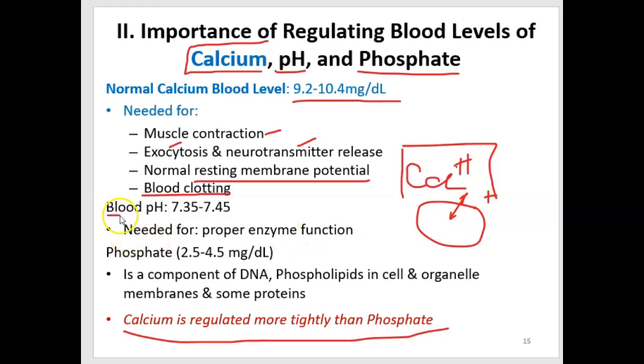Okay, so blood pH is also tightly regulated, and it's regulated at 7.35 to 7.45 pH in a very tight range, and that's needed for proper enzyme function. It's also needed for balancing the pH of other fluids in your body.